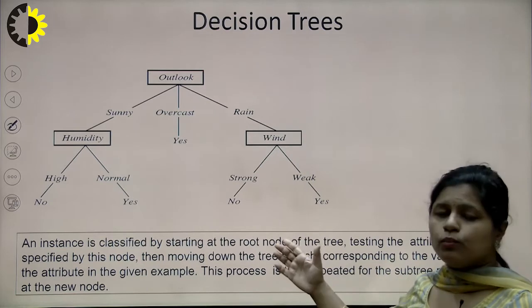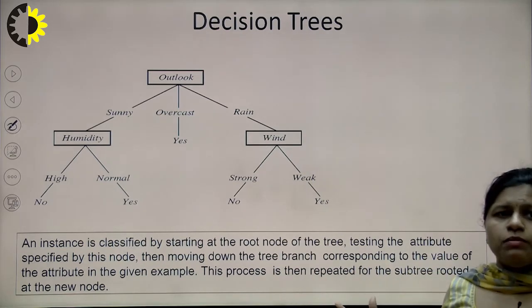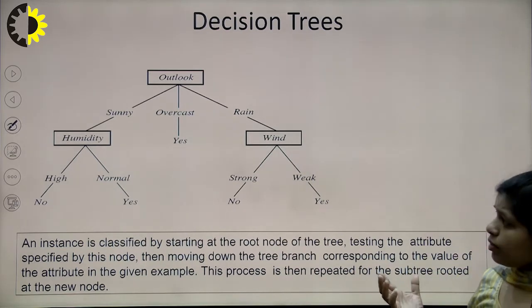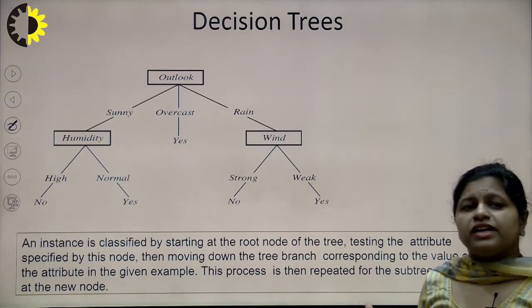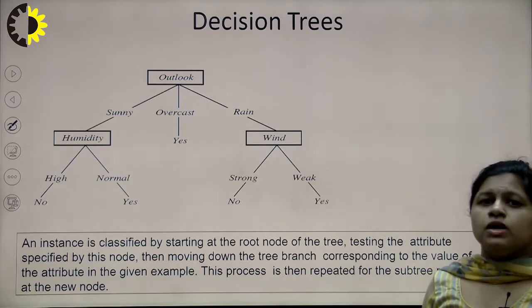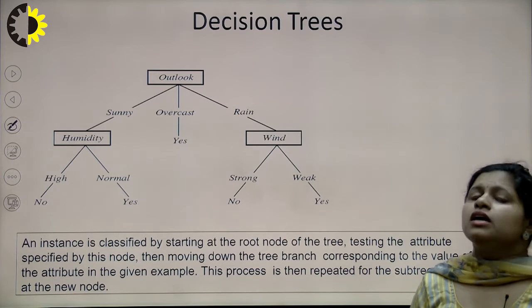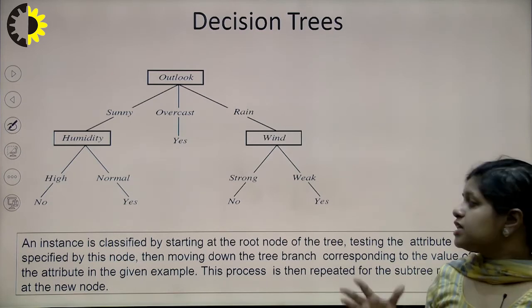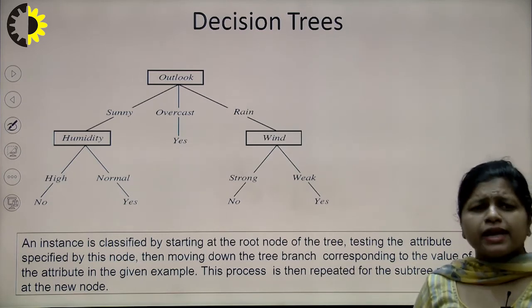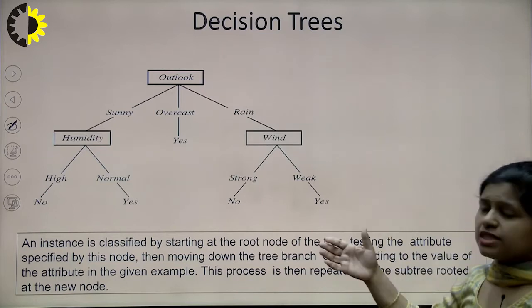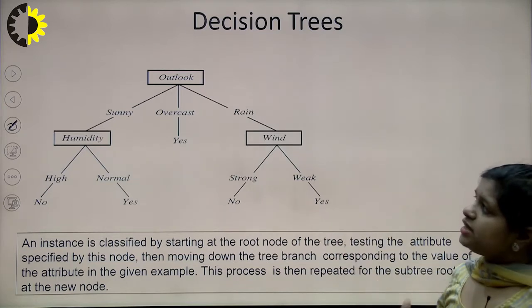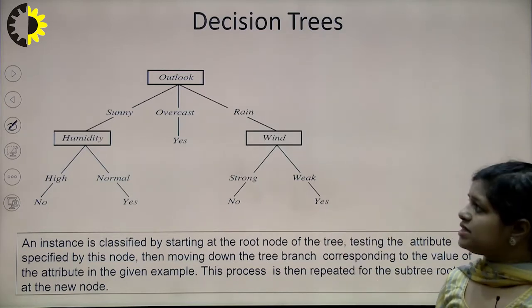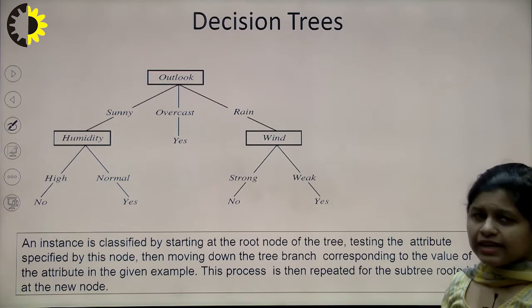This is one more example that comes out as the output after executing the decision tree algorithm. What we need to learn next is how we actually build such a decision tree. What is the algorithm to build this decision tree? Here we can see that the root node is the outlook. The outlook is an attribute.